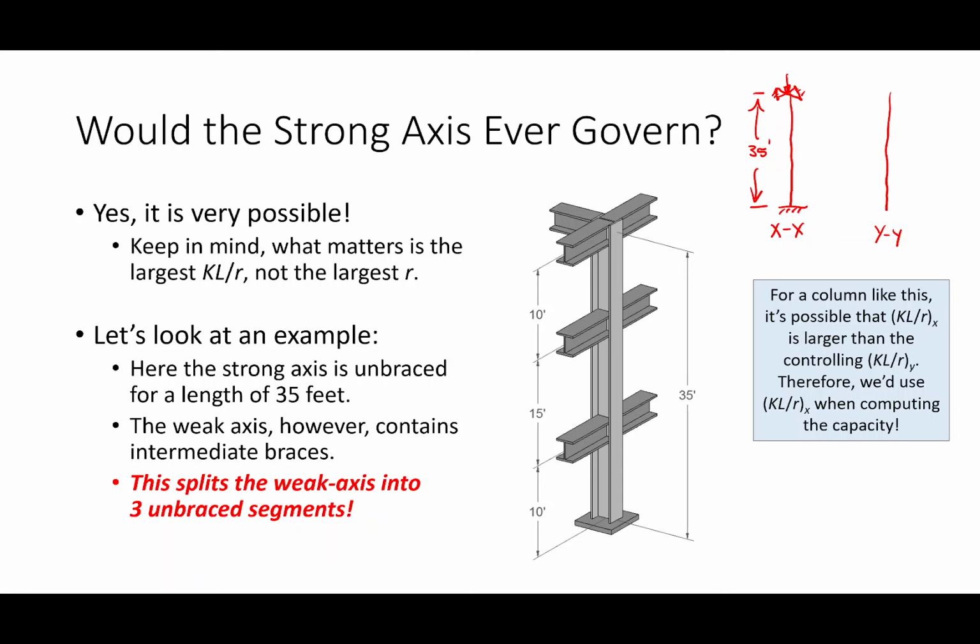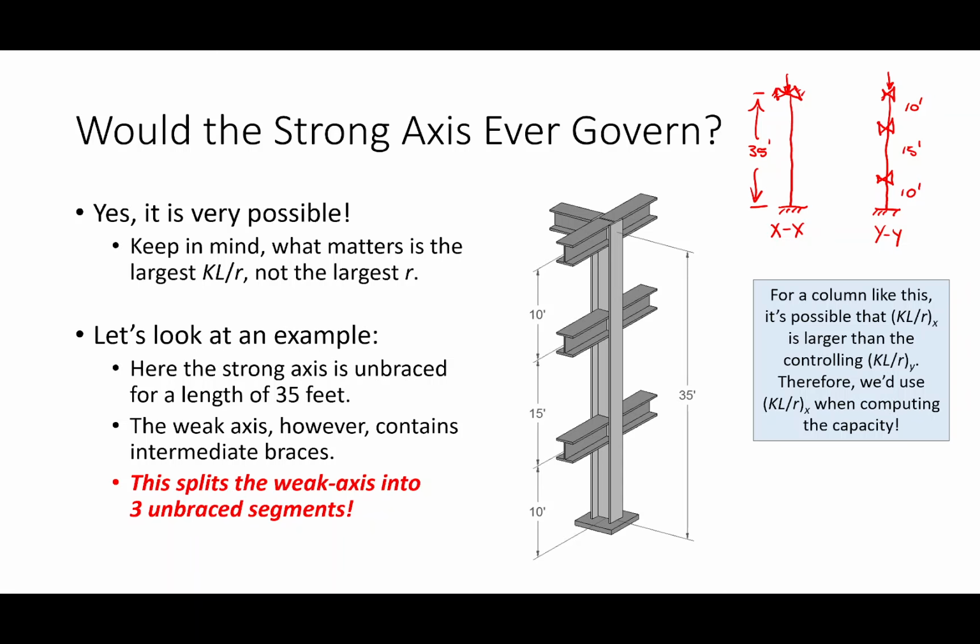So I might have a boundary condition right here, and something like this, where this is 10 feet, this is 15 feet, and this is 10 feet. So what I'm showing is a different bracing configuration about the x-axis than the y-axis. Does that make sense? Are you okay with that?